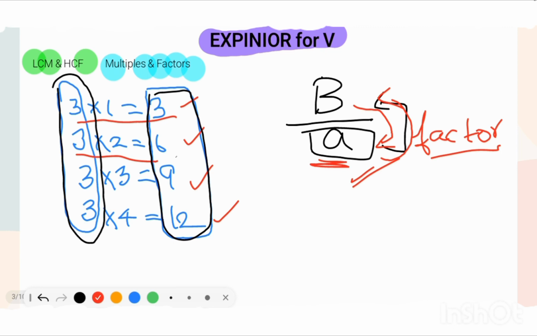So A is a factor of B because A is able to divide B, and B is the multiple of A because B is getting divided by A.